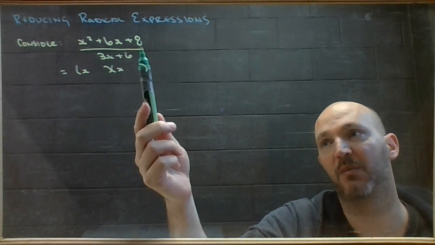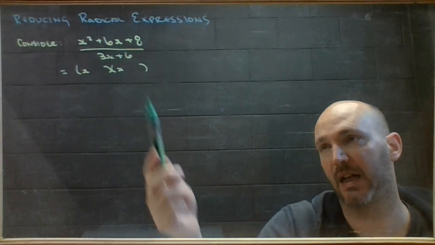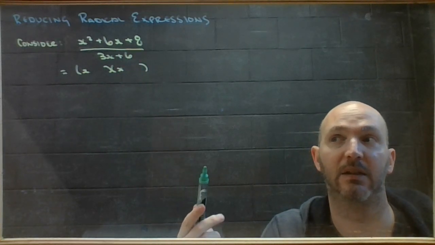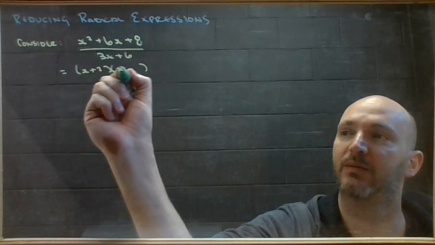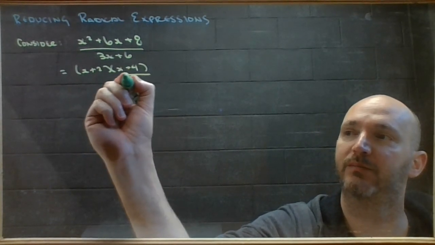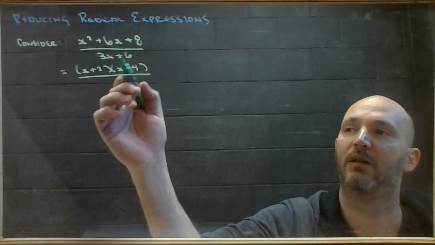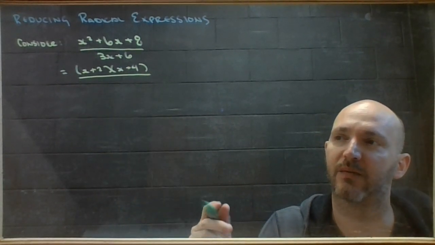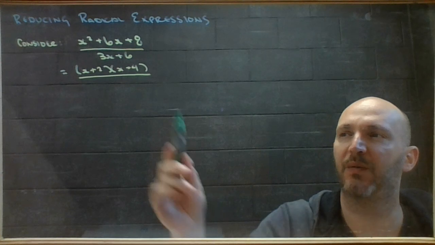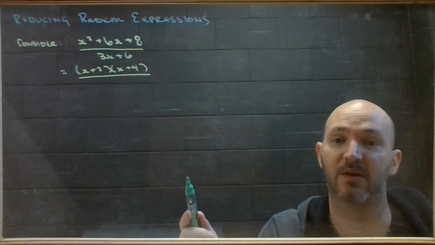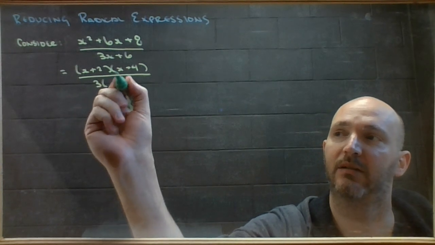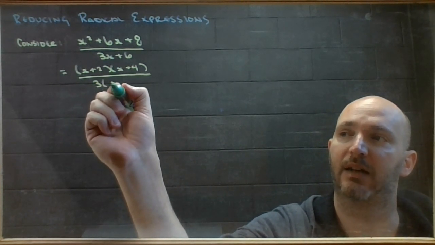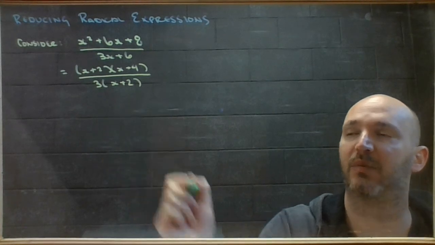And two numbers that multiply to 8 but add to 6 would be 4 and 2. That's x plus 2, x plus 4. This factor in the bottom, both 3x and 6 are divisible by 3, so I'm going to pull out a factor of 3, leaving x plus 2 behind.